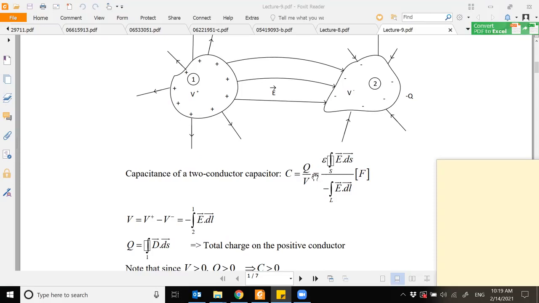This is which law? This is for the surface. Yeah, this is a law that we have studied. Charge is nothing but the closed surface integral of D bar dot ds bar. I'm just writing D bar as epsilon E bar.